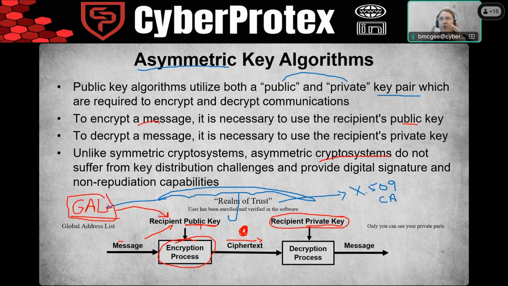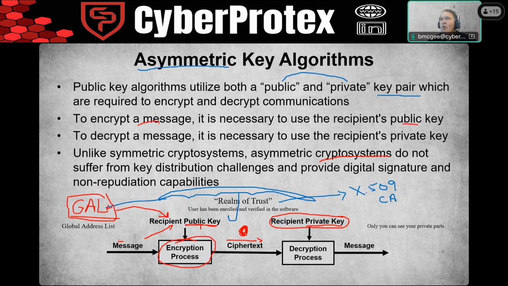Whenever you're talking about asymmetric encryption, once that private key is compromised, it's no longer private. So you never give up your private key. Understanding this fundamentally is the key to your success. If we share the private keys, they're no longer private.